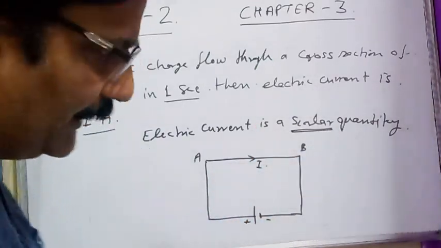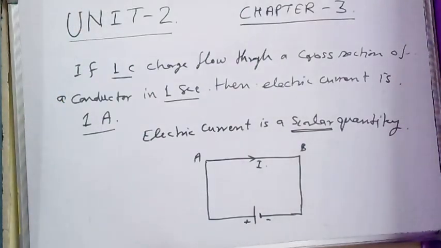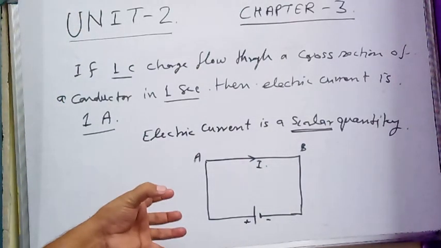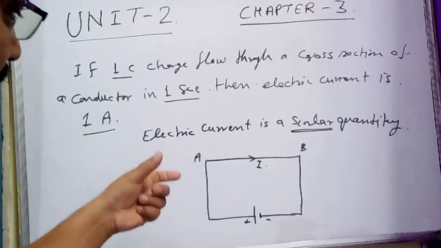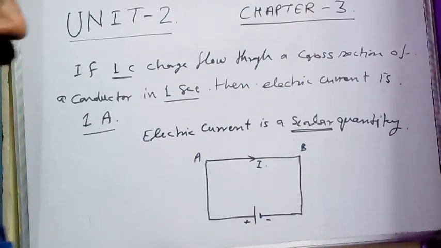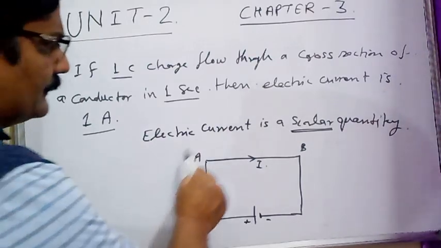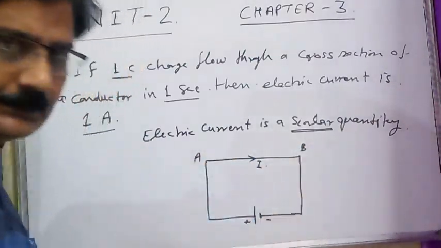So what is the reason behind that? Sometimes this question is asked: why is electric current considered to be a scalar quantity even though it is represented by an arrow? The reason is that electric current never obeys the law of vector addition. So that is why electric current is considered to be a scalar quantity.